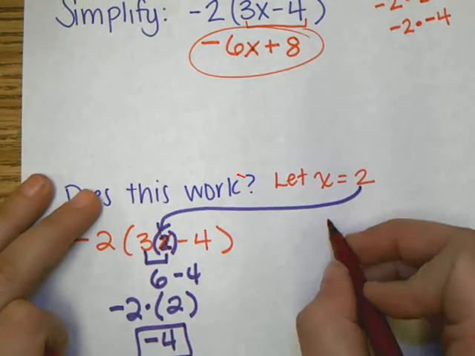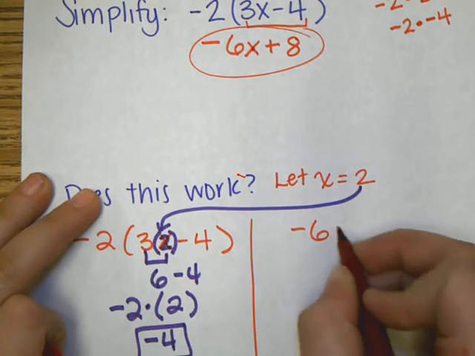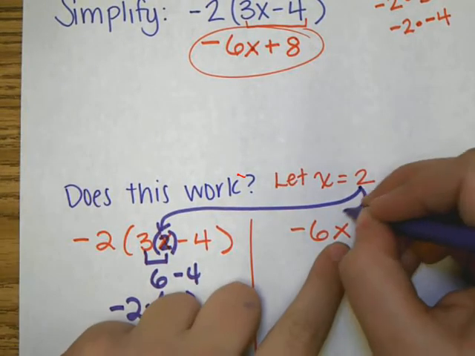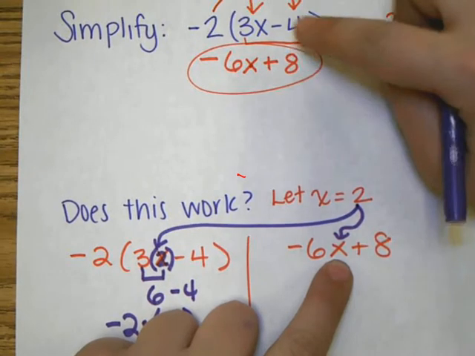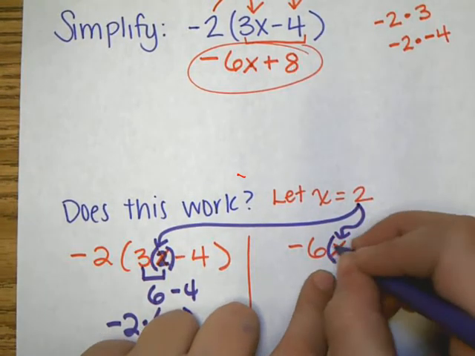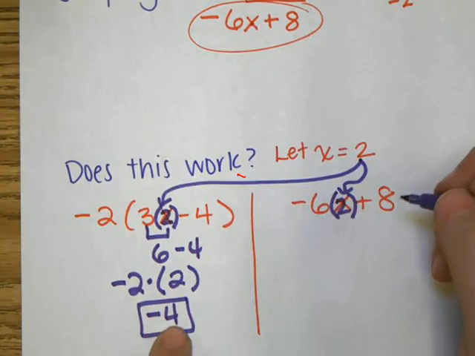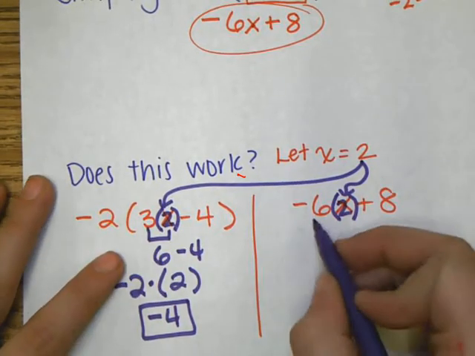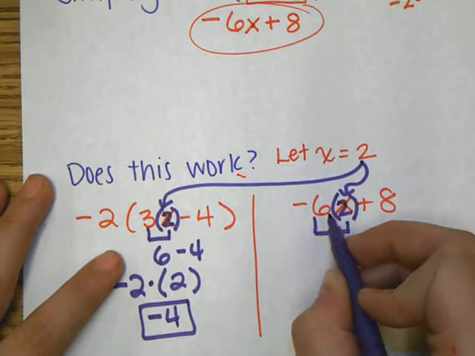Now I'm going to repeat this, and this time I'm going to plug in 2 into my answer that I got here, because I'm saying this is the same thing as that. So if I plug in a 2 right here, I should get the same thing as over here if they are really equivalent in the same value.